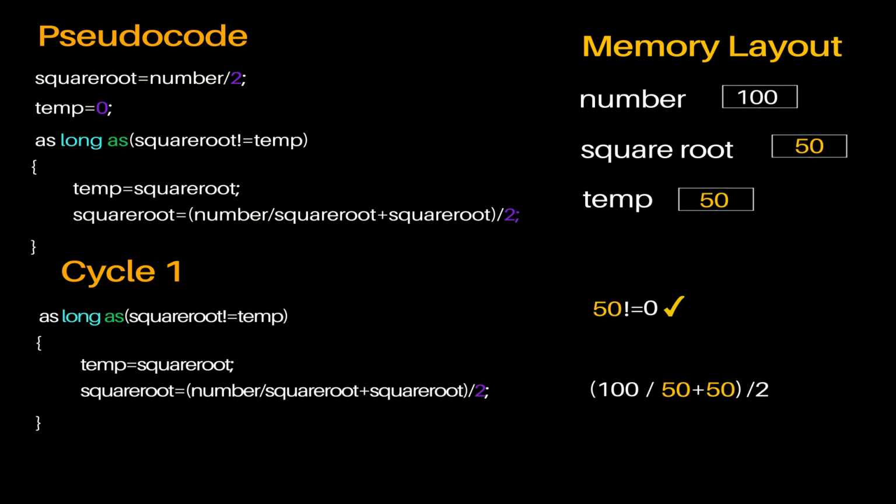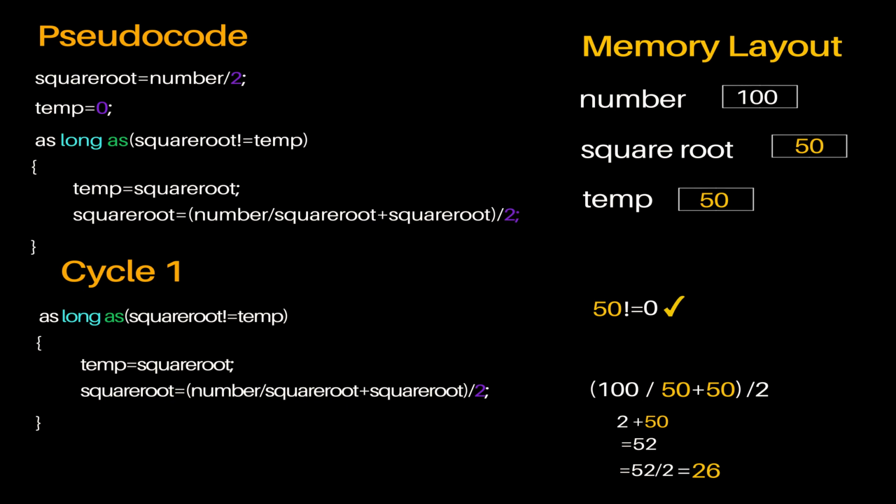Now, here we should be applying the BODMAS rule. That is, first we should be performing division and then we should be performing addition. So what is 100 divided by 50? It happens to be 2. Then 2 plus 50 happens to be 52. What is 52 divided by 2, which happens to be 26?